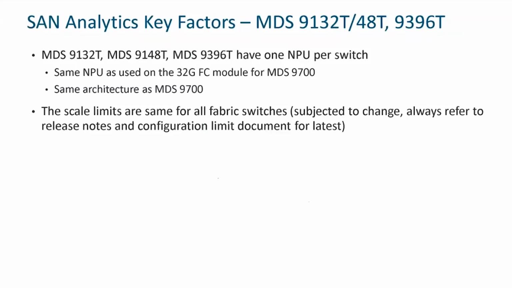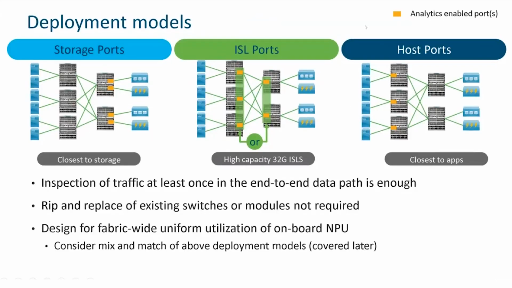Okay, so deploying models on a very high level, analytics can be enabled on storage ports, ISL ports, or host ports. There are very few limitations on what ports you can enable and what ports you cannot enable. This has very strong value for those customers who are migrating from 9500s to 9700s, or from 16 gig infrastructure to 32 gig infrastructure.